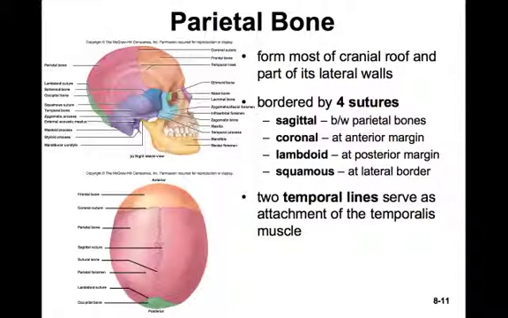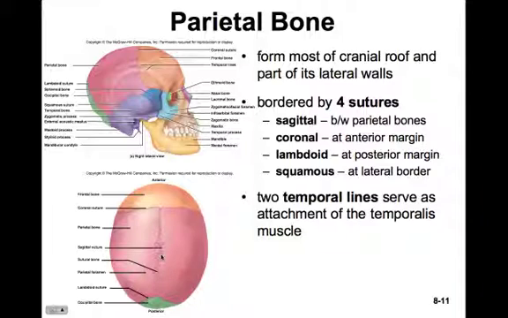Next, we'll look at the parietal bone. The parietal bone is shown here in pink. It forms most of the cranial roof and part of the lateral walls. There are 2 parietal bones, 1 on each side. There are 4 sutures that surround the parietal bone. The sagittal, which is the one that's between the parietal bones, down the middle of the top of the head.